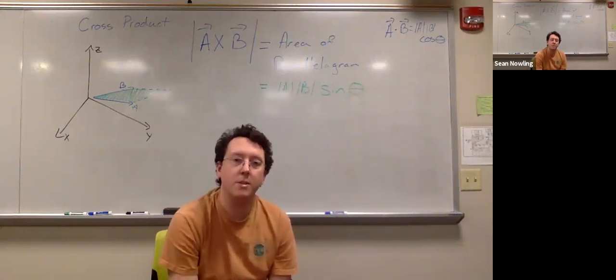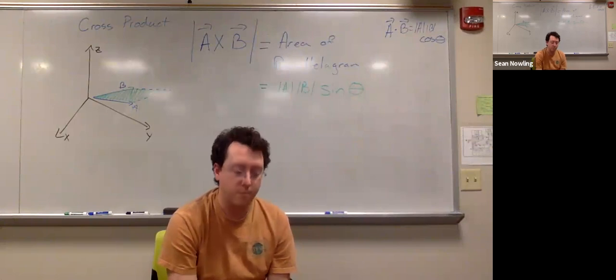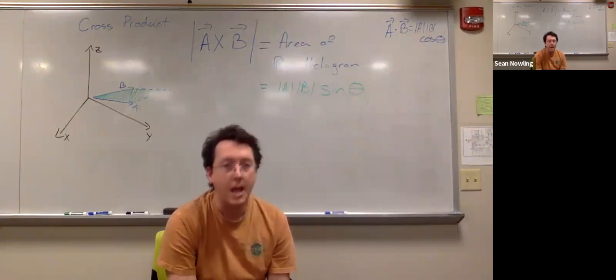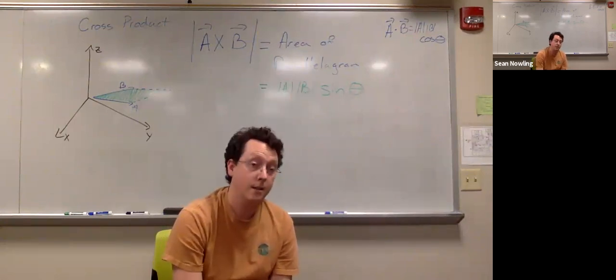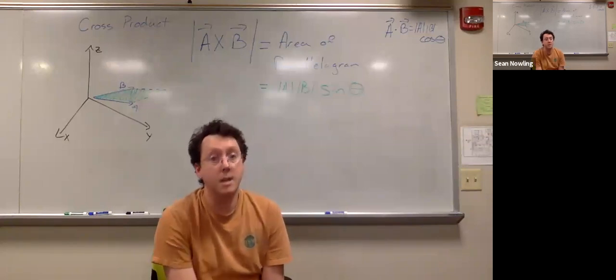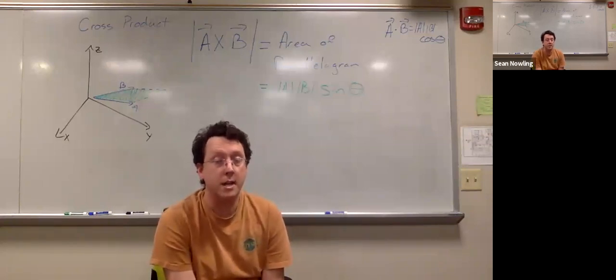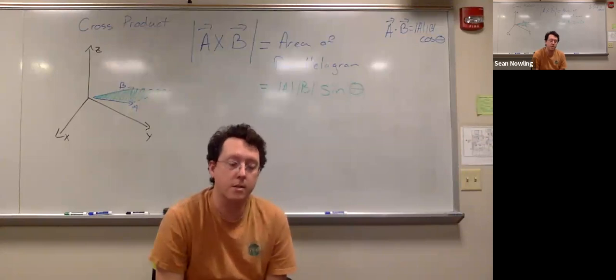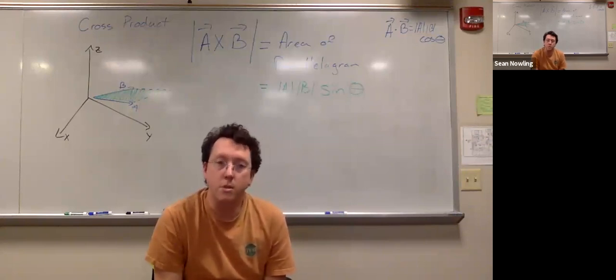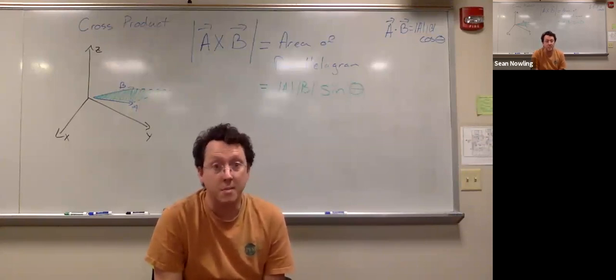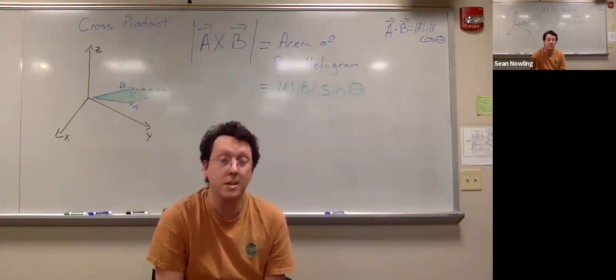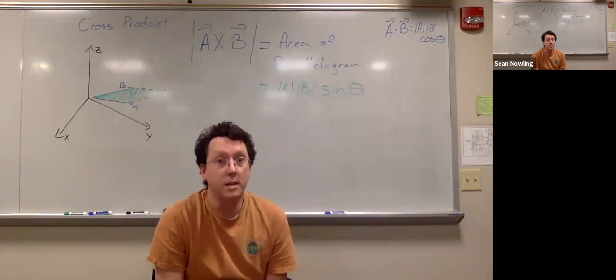So what does that mean? It means that A cross B equals minus B cross A. So when you have cross products, it's not commutative, it's anti-commutative. You get a minus sign when you swap the vectors.